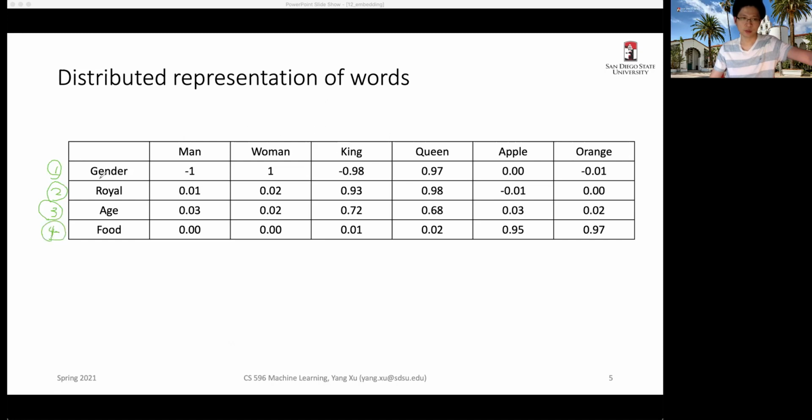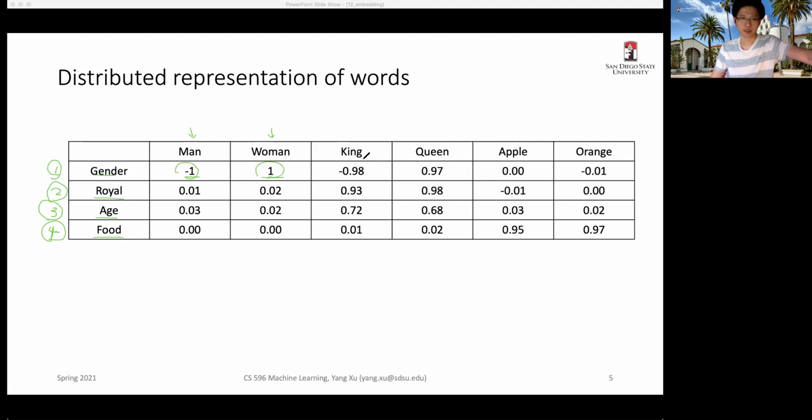We can think of these as abstract features, and each word, in each column, can have certain values associated with each feature. Now man and woman are at two extreme ends of the gender feature: man is -1 and woman has the value 1.